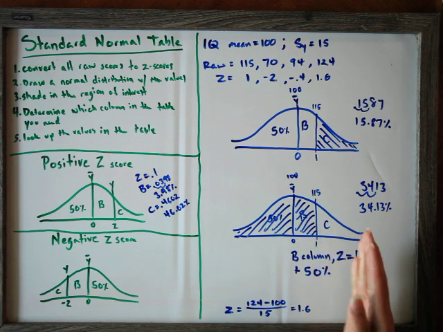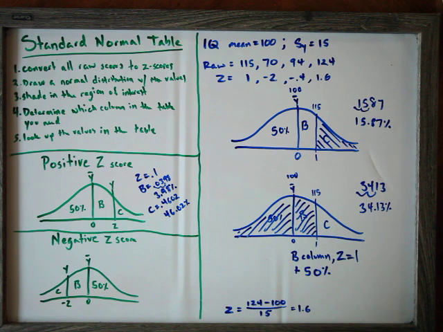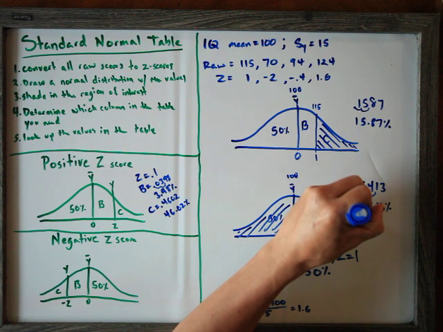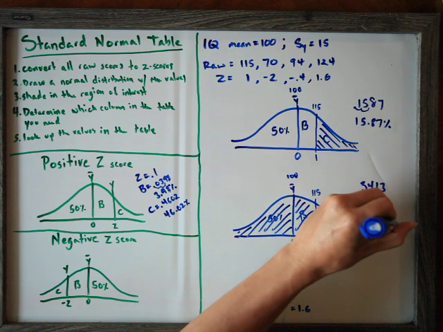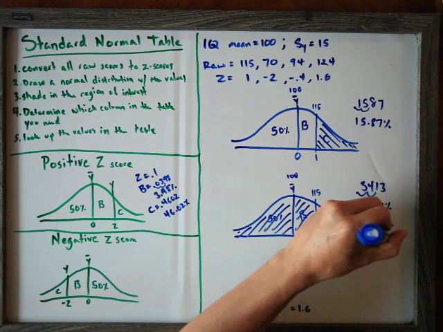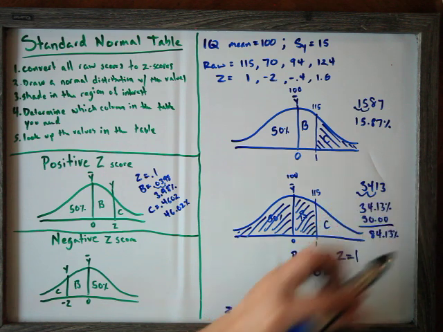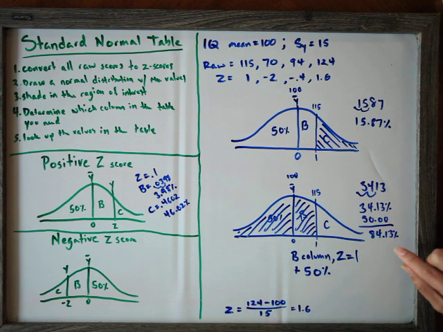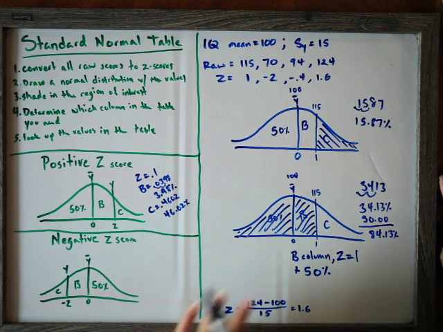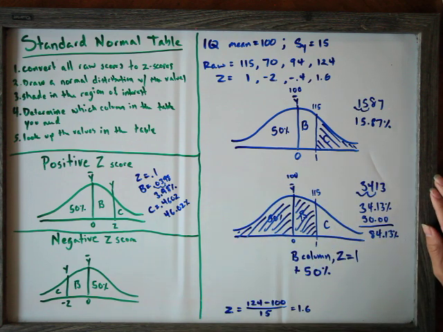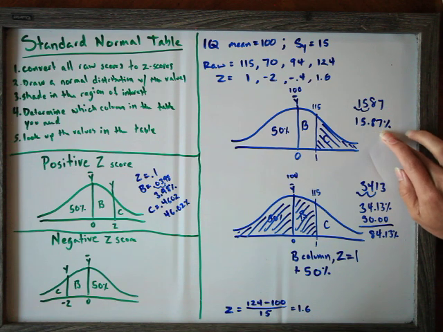In order to get the full answer of how many people scored lower than 115, I need to add 50 to that. And that's going to give us 84.13%. So 84.13% of all scores are going to be lower than 115, and 15.87% are going to be higher than 115.